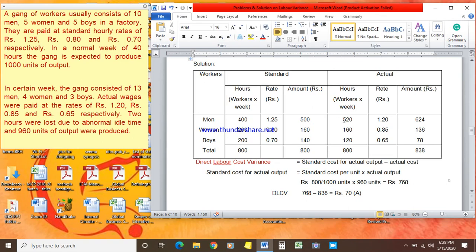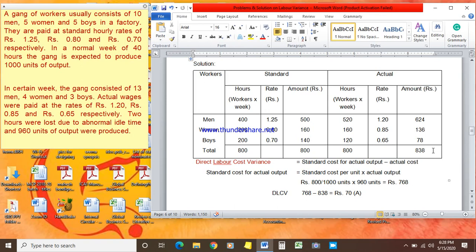So 40 into 13 comes to 520. Then 4 women: 40 into 4 comes to 160. Then 40 into 3 boys comes to 120. The rates are already given, 1.20, 85 paisa and 65 paisa. Accordingly, if you calculate, you get these answers.